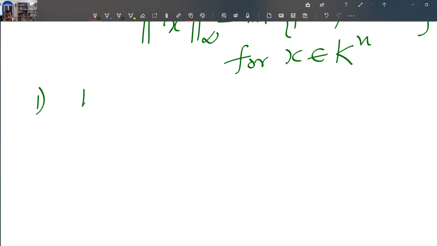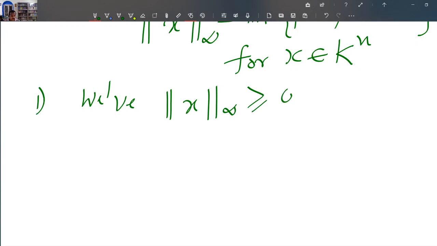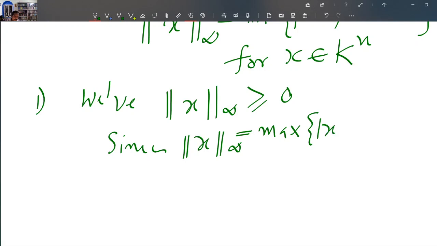This supremum norm of x is always greater than or equal to 0 since the supremum norm of x is defined as the maximum of modulus of x of 1, etc., x of n.